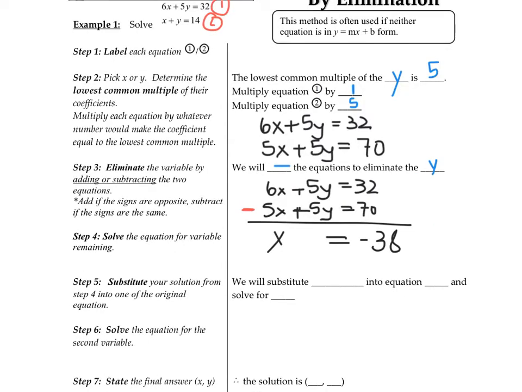Okay, so now we're going to substitute x equals negative 38 into an equation. I'm going to choose equation 2. Okay, it's a lot easier to deal with because the coefficients are all 1. And when I do that, I'm going to solve for y. So I have x, which is negative 38, plus y equals 14.